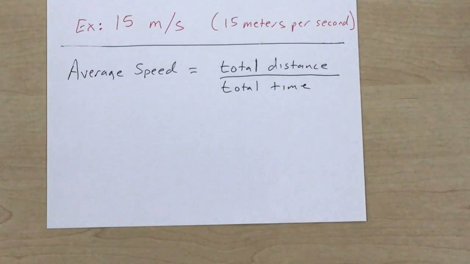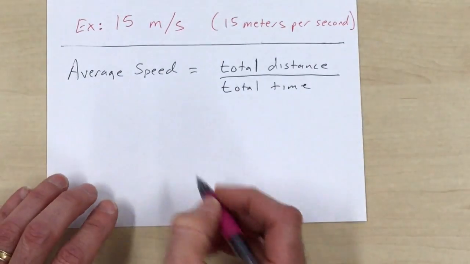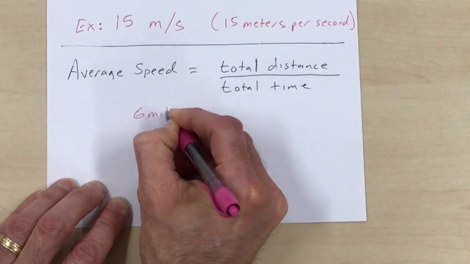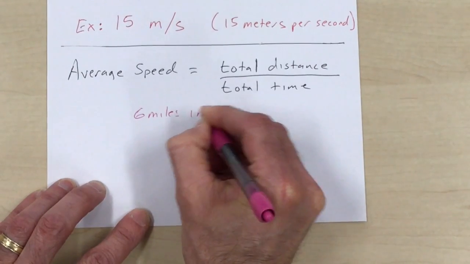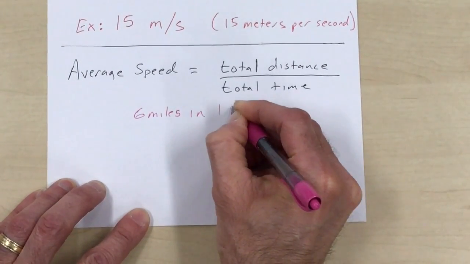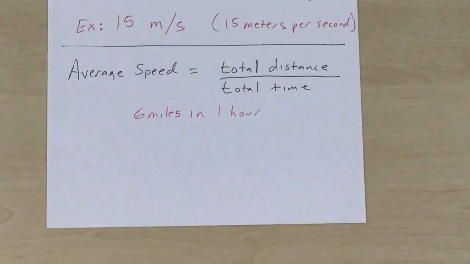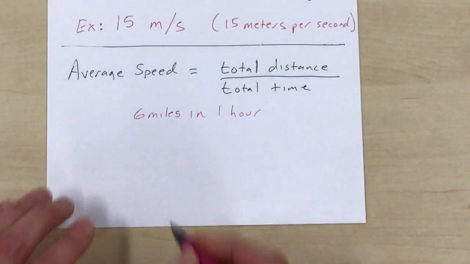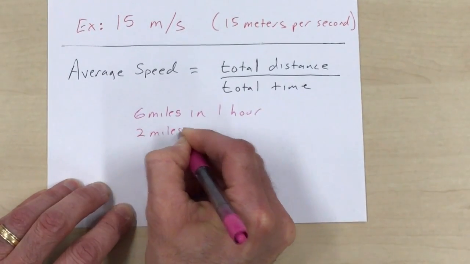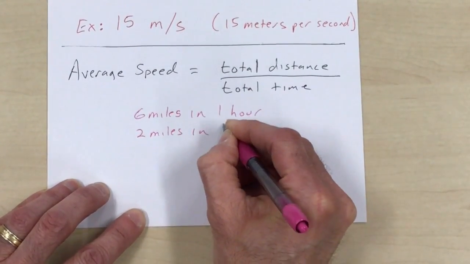Let's say that somebody runs a distance of 6 miles and it takes them an hour to do that. And then they decide to run for another hour and they run an additional 2 miles in that second hour.